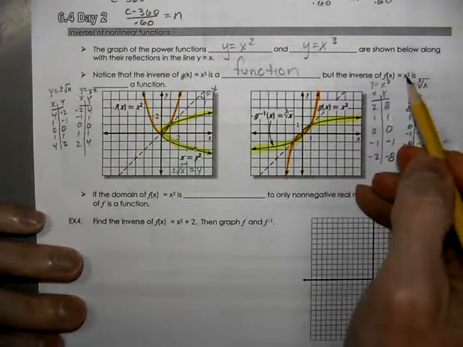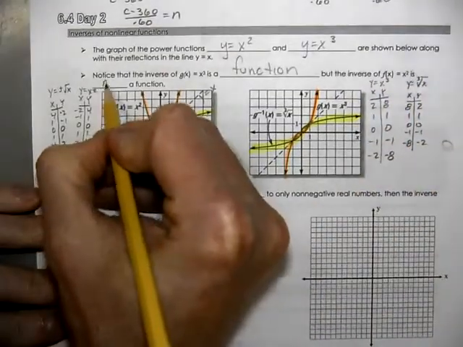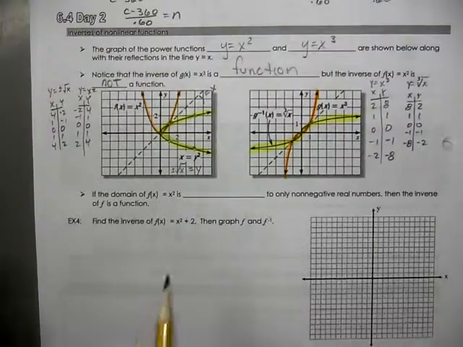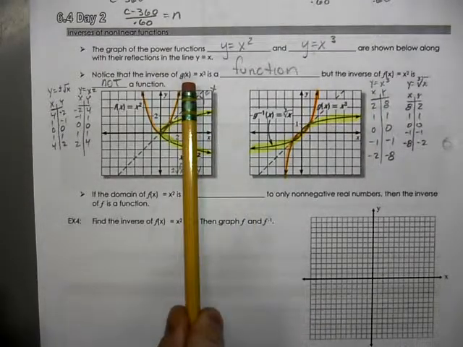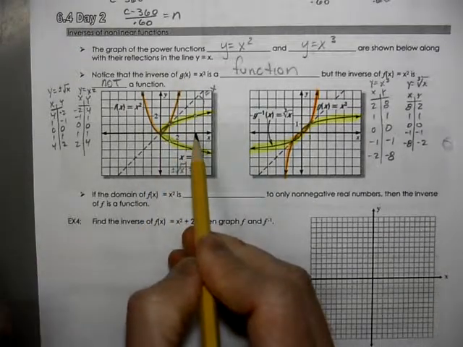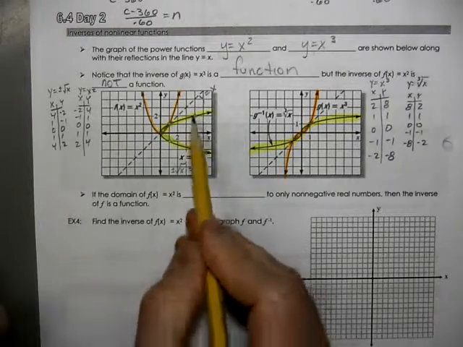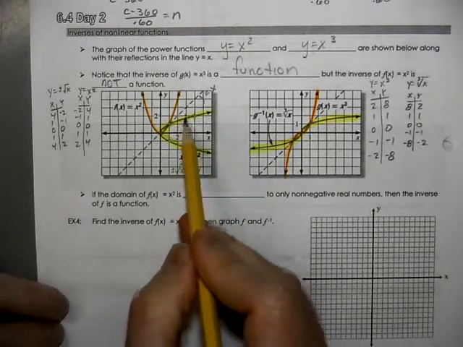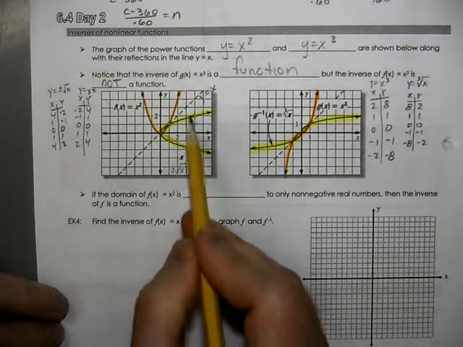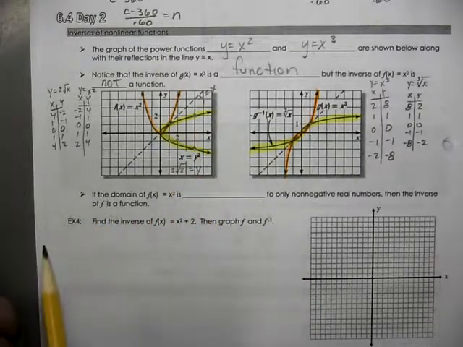But the inverse for x squared is not a function. Here we have our vertical line, which is a way you can test if it's a function. For each x to be a function, you only get one y answer. But if you notice, several of these x's have two different spots that it would be. It's a plus value and a minus value.